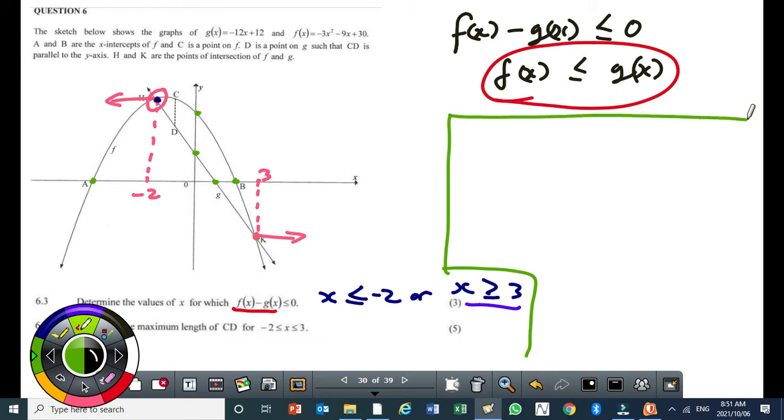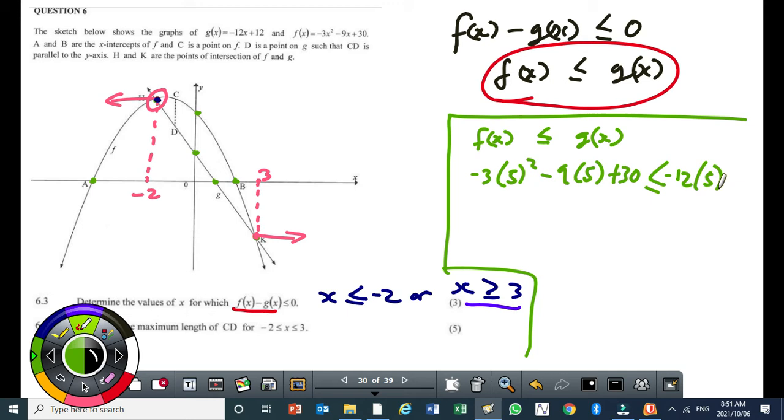In f of x, we said f of x is less than or equal to g of x. Let's substitute that 5 into both functions. So we are going to have -3 times 5 squared minus 9 times 5 plus 30. This should be less than or equal to minus 12 times 5 plus 12. Let's simplify this. 5 squared is 25, so I get minus 75, minus 45, plus 30.